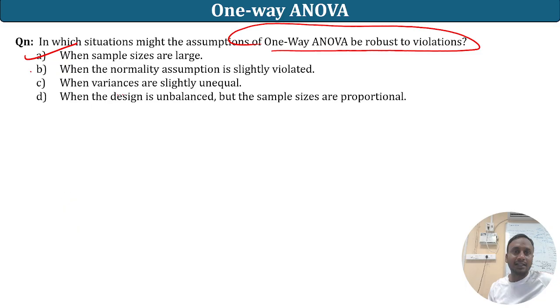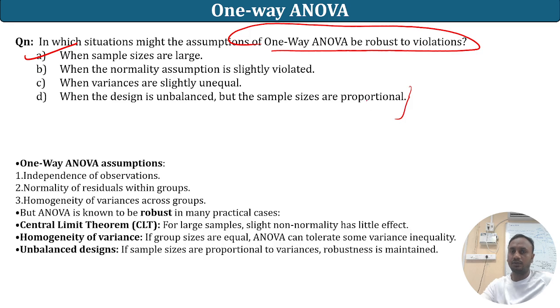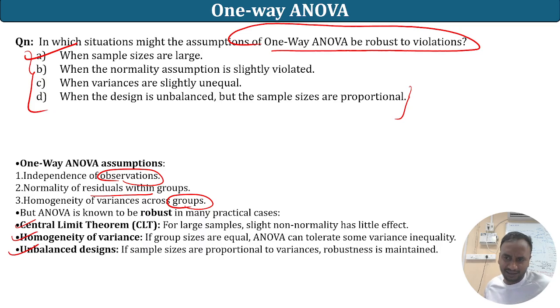When the variances are slightly unequal, when the design is unbalanced but the sample sizes are proportional. We can see the one-way assumptions: independence of observation, normality, homogeneity of variance across the groups. But ANOVA is not robust in many practical cases, like the central limit theorem, homogeneity, unbalanced design. So all four will be the answer. I think it's clear.